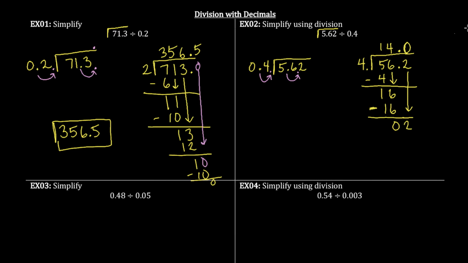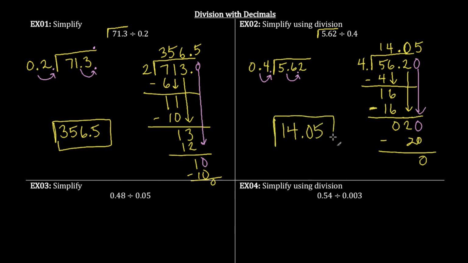So we have to carry down a placeholder. 4 will go into 20 5 times. Finally done. So 5 and 62 hundredths divided by 4 tenths is 14 and 5 hundredths.